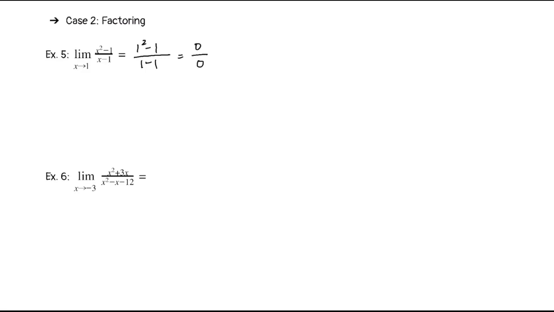But the problem we encounter when we get a 0 over 0, so the 0 on the top and the 0 on the bottom, there's a fancy name for this problem.